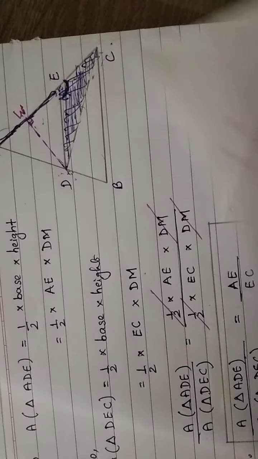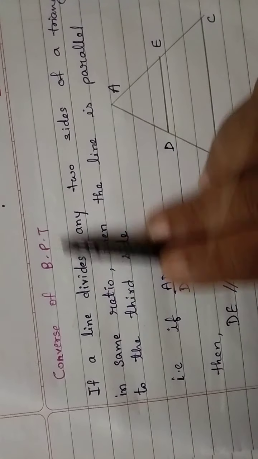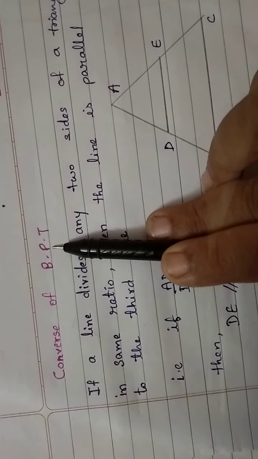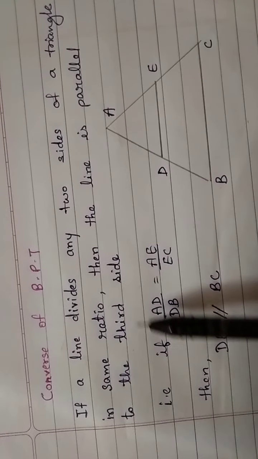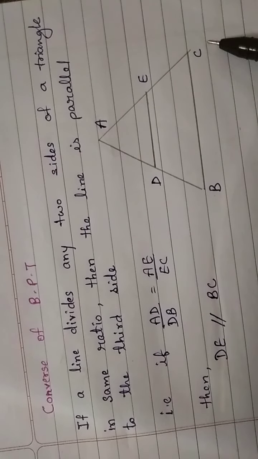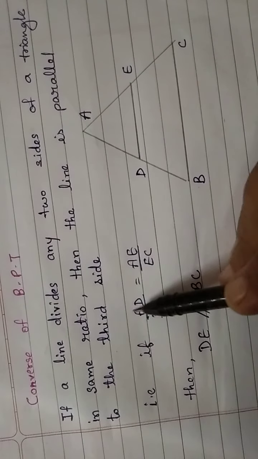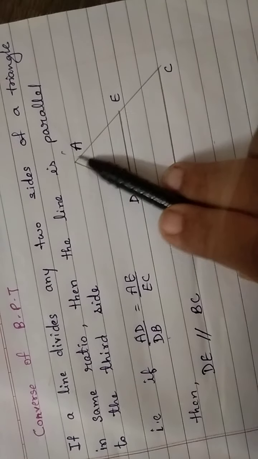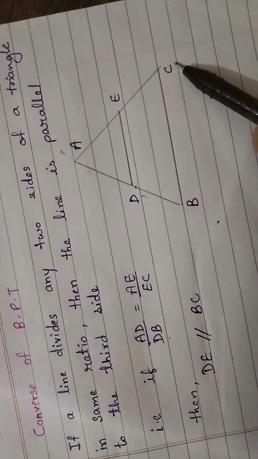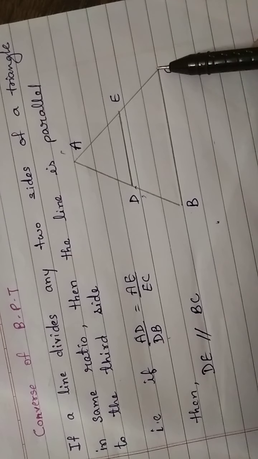Now let us understand the converse of the BPT. The short name is BPT, that is, the basic proportionality theorem. The converse says: in triangle ABC, if AD upon DB is equal to AE upon EC, then DE must surely be parallel to BC.